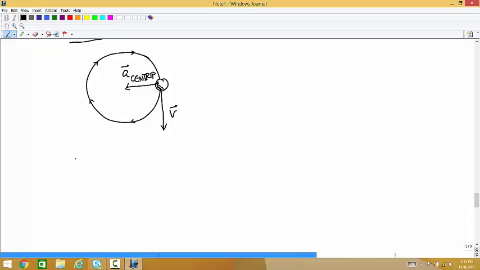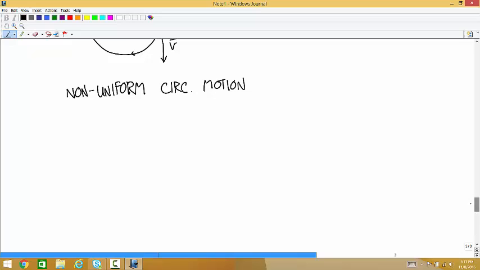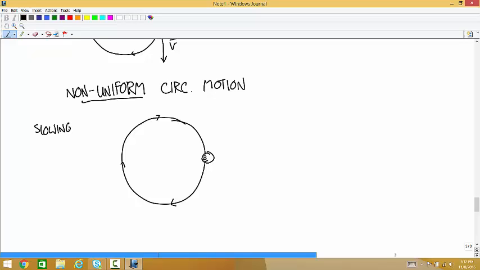And then non-uniform circular motion. Here's the path. Let's say this one is slowing down. What's the direction of the velocity vector? Down, same as before.